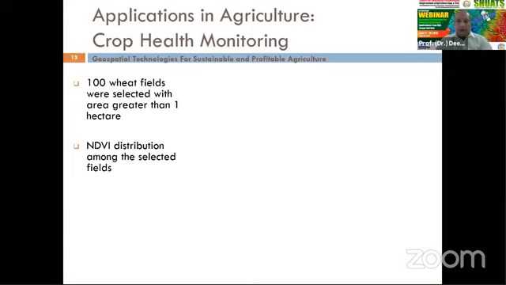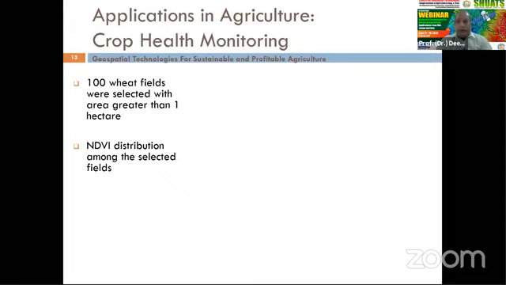That's why I selected 1 hectare fields, because of the Landsat constellation of satellites, whose maximum spatial resolution is 30 meters multispectral, and it gets coarser for thermal. With 30-meter resolution, we calculated that we would get at least 10 pixels if we have a 1 hectare field.